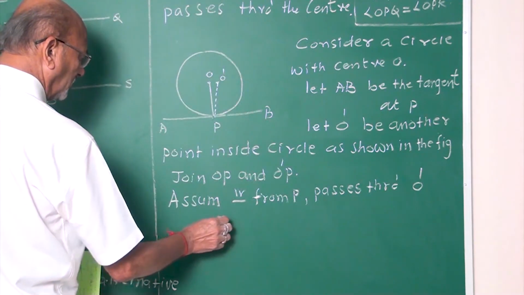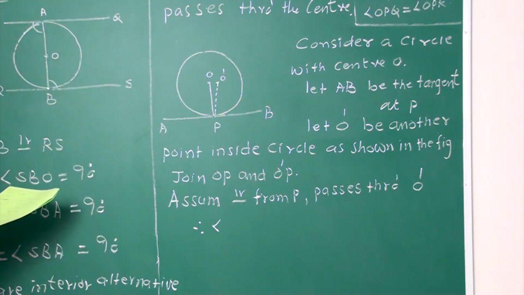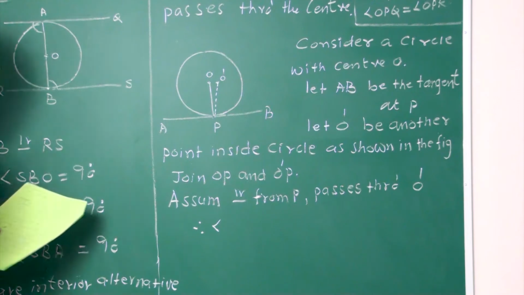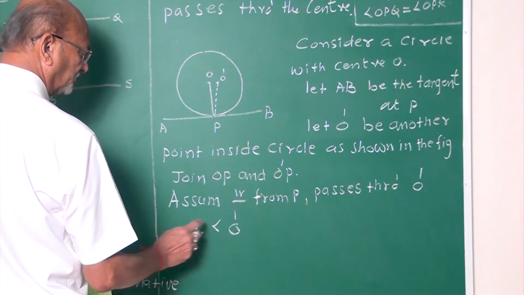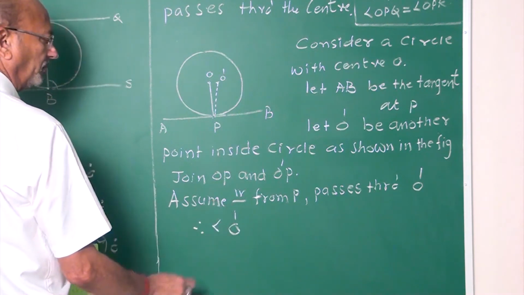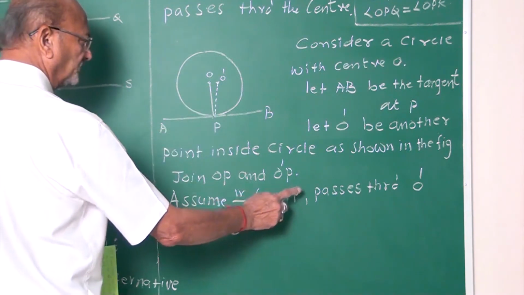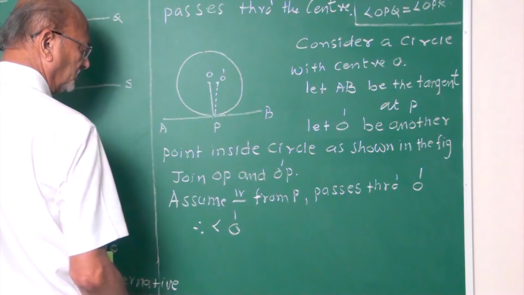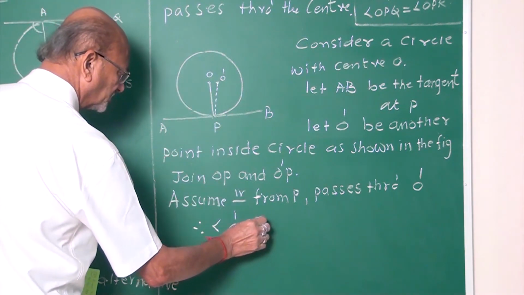Therefore, assuming the perpendicular from P passes through the point O dash, angle O dash PB is 90 degrees.